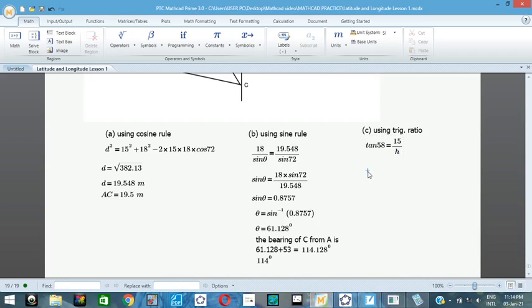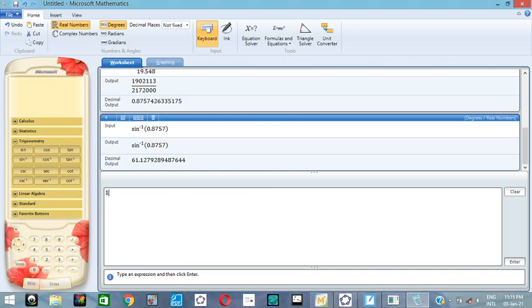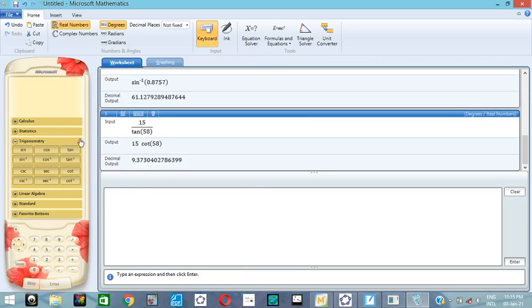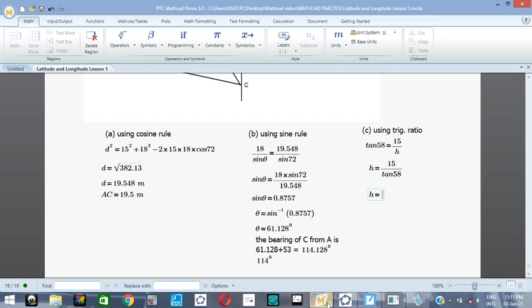If you cross multiply, this is a simple calculation. h is going to be equal to 15 divided by tan 58. Let me finish it with my calculator. I have 15 divided by tan 58, and that is equal to 9.737 meter.